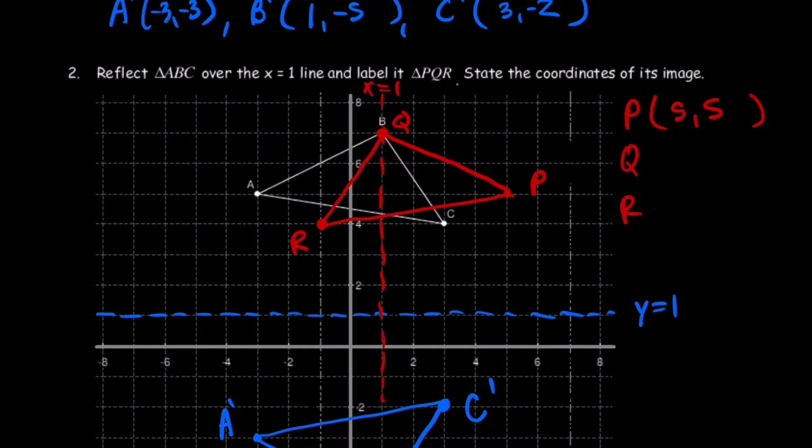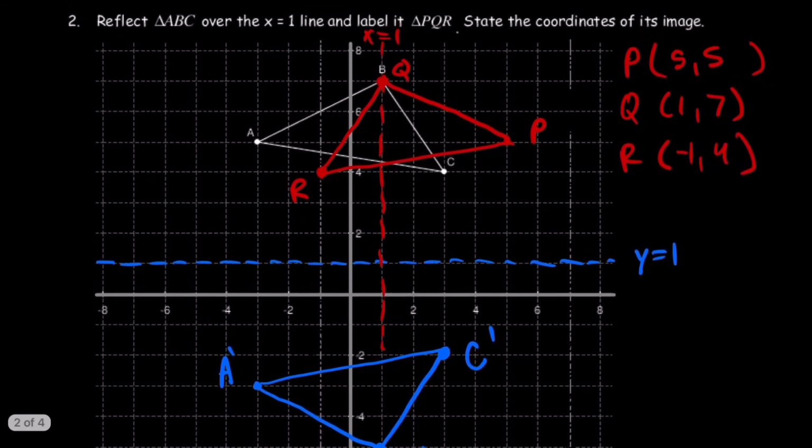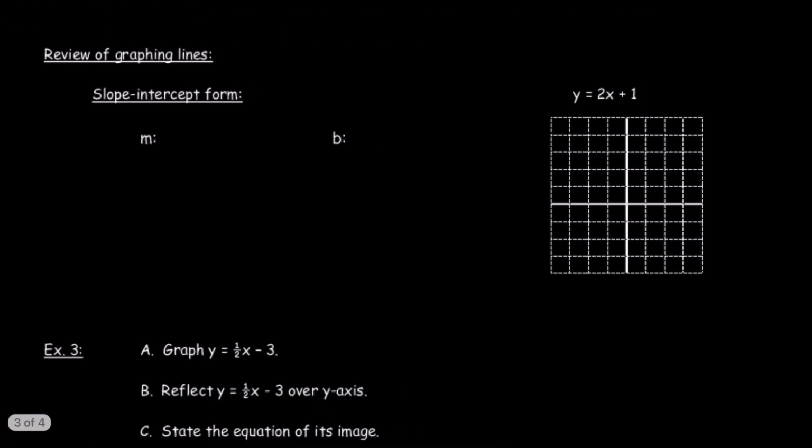Point Q is 1, 7. It's the same as point B. And point R is negative 1, 4. Okay, so there's an example where we reflected the triangle over a y equals line and then an x equals line. Okay, well, what if the lines aren't vertical or horizontal?